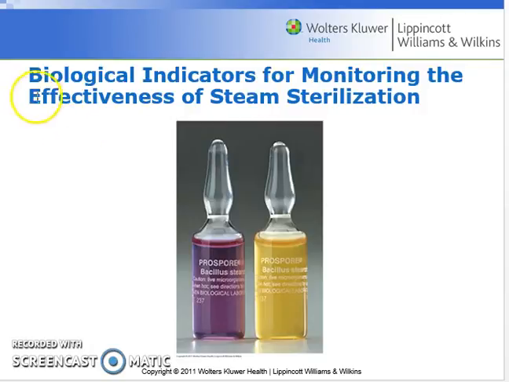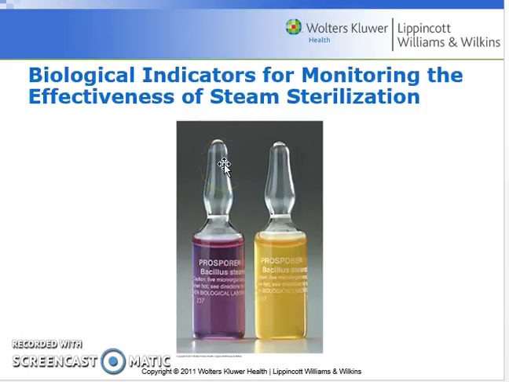Another way to tell is to use biological indicators. These are indicators that contain an organism called B. stearothermophilus. It's an organism that can essentially live a little bit longer at high temperatures. So what you do is you place this inside of the autoclave system and you increase the temperature higher than 121 degrees Celsius. Once you autoclave it, you take it out and you get a control. Your control is the vial that was not autoclaved, and your experimental is the vial that was autoclaved.